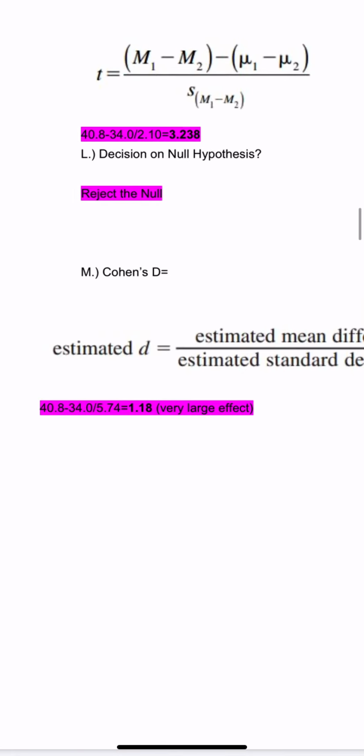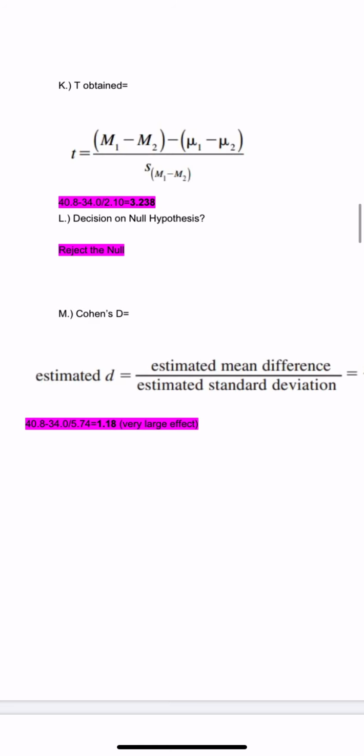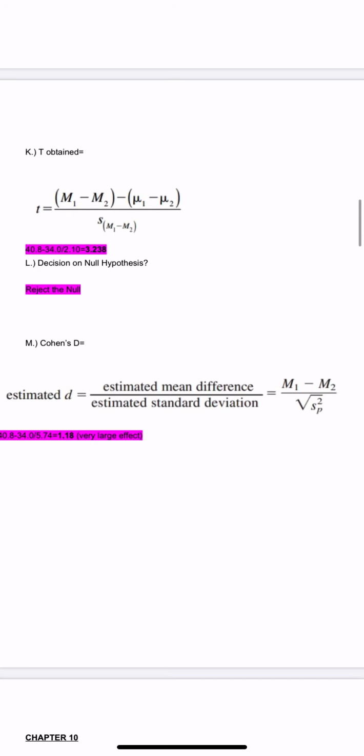All right, and then for an independent measures t-test, on most research articles, you'll see Cohen's d reported with that. So that's why I'm having you guys compute Cohen's d when it comes to an independent samples t-test. And you just take the mean 1 minus mean 2 over the square root of the pooled variance.